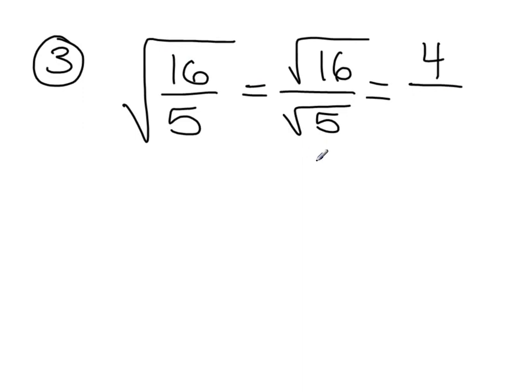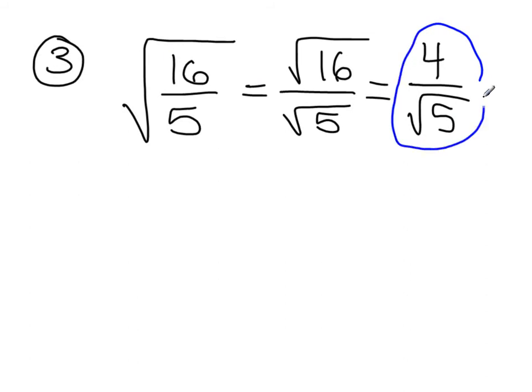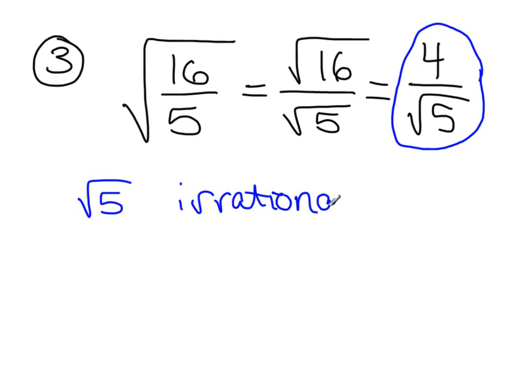Now, looking at the denominator, we have the square root of 5, which cannot be reduced any further, so we'll leave it alone. But this poses a problem. We don't like seeing irrational numbers in the denominator. And the square root of 5 is what we call irrational. So, what we are going to do is rationalize the denominator.